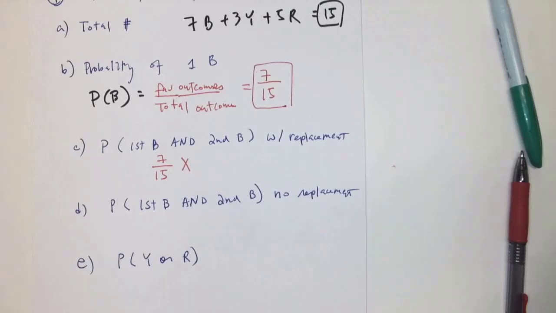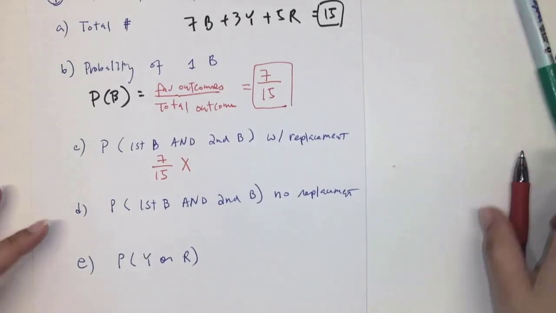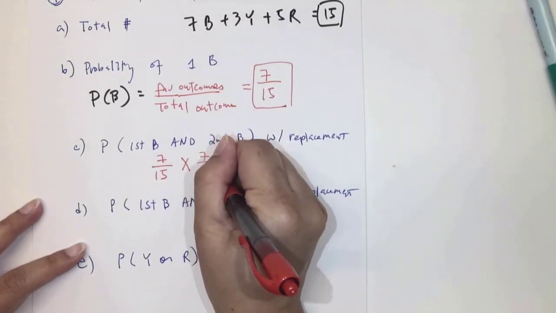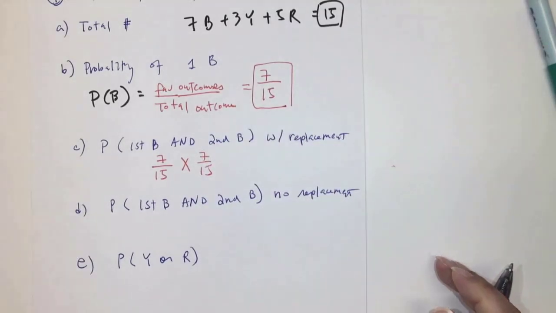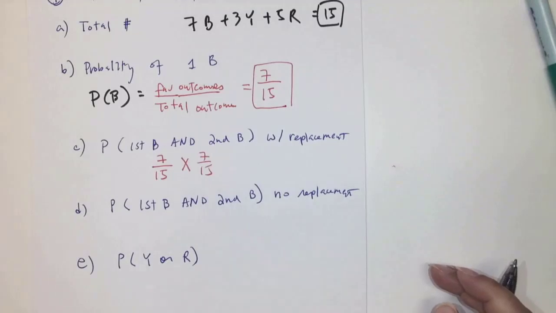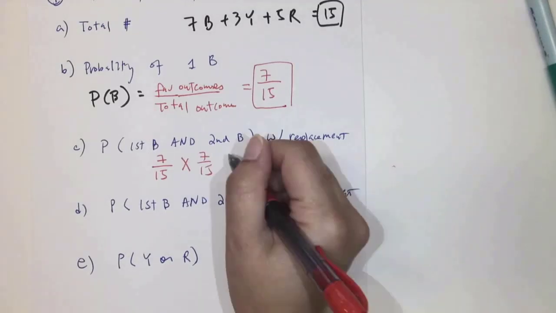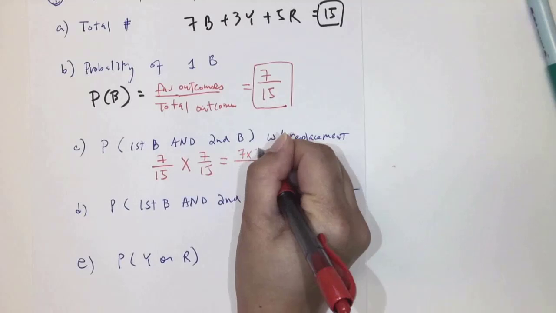You put it back into the whole group. So the total on the second round is going to be the exact same 15. And how many blue do we have? Still 7 out of 15, right?